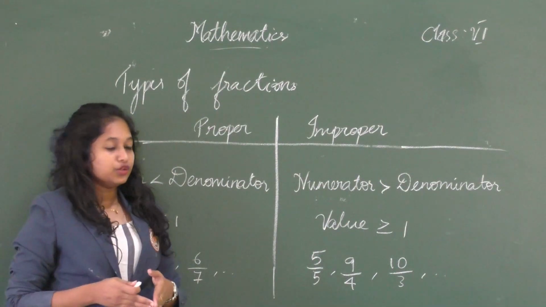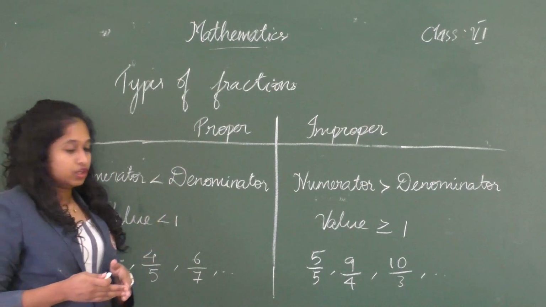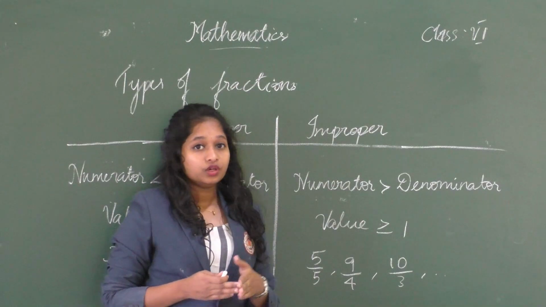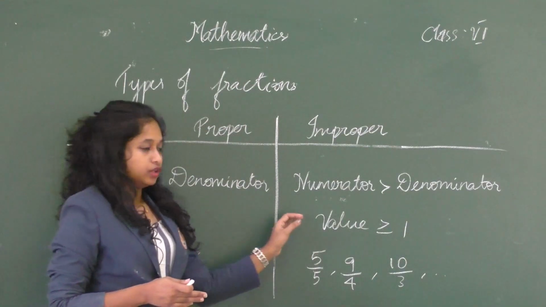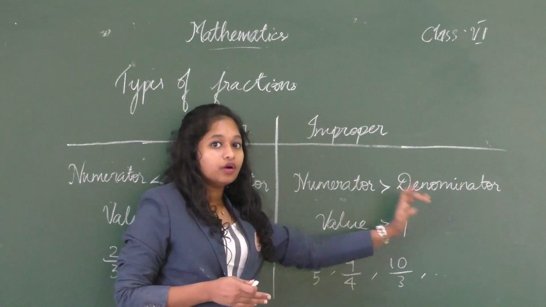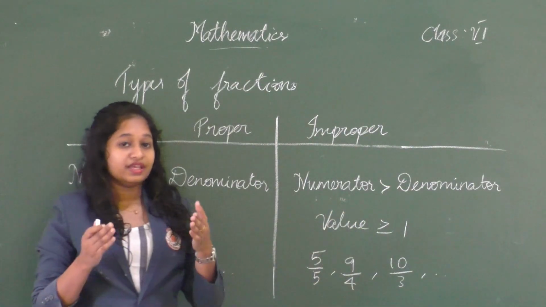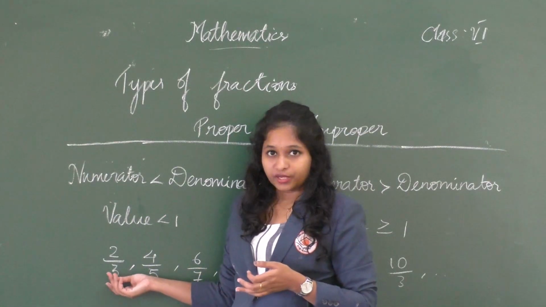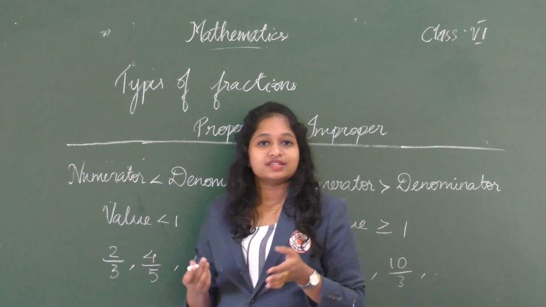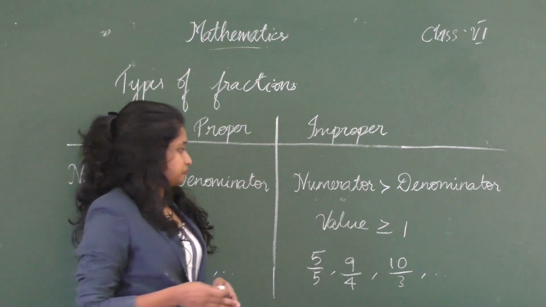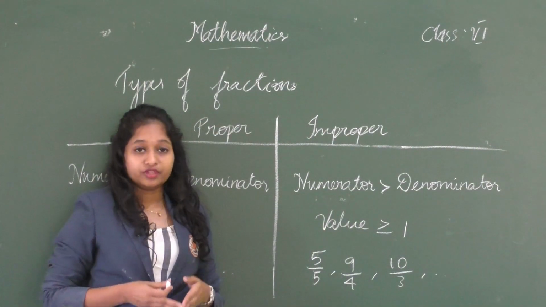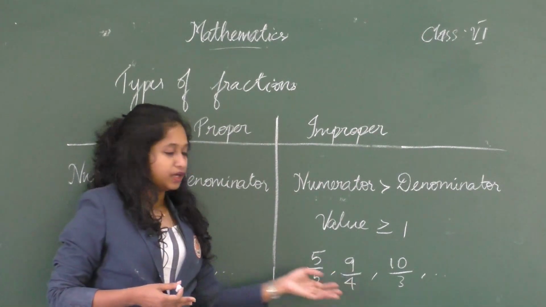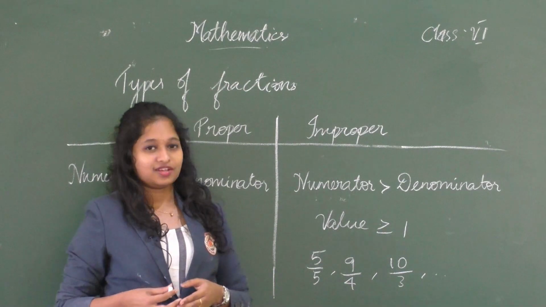And the value of a proper fraction will always be less than 1, and the value of an improper fraction will always be greater than or equal to 1. The examples of proper fractions are 2 by 3, 4 by 5, 6 by 7, etc. And the examples of improper fractions are 5 by 5, 9 by 4, 10 by 3, etc.